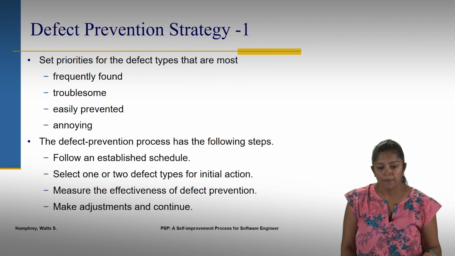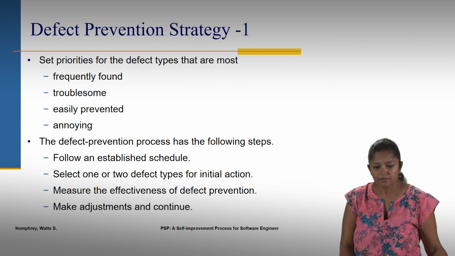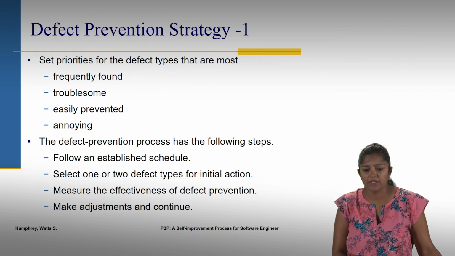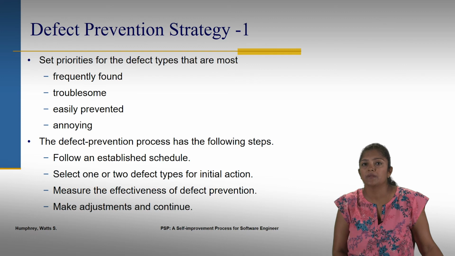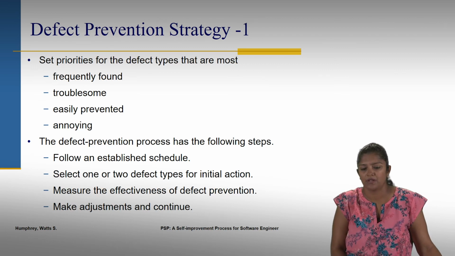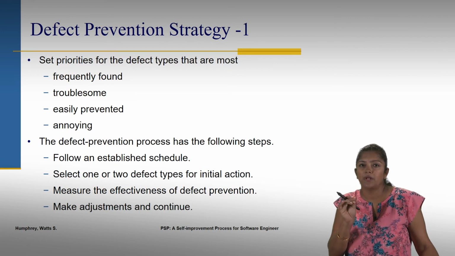So our defect prevention strategies: once you start collecting data about defects, then you can set priorities. You can look at the different defect types. What are the types of defects that are most frequently found in your code? And then target one or two types at a time.